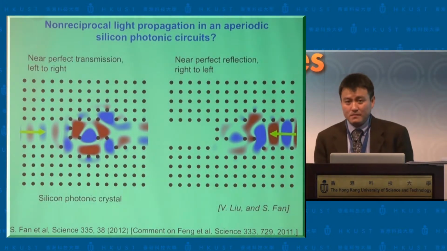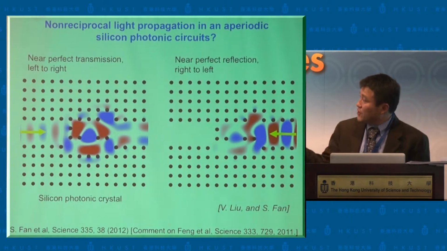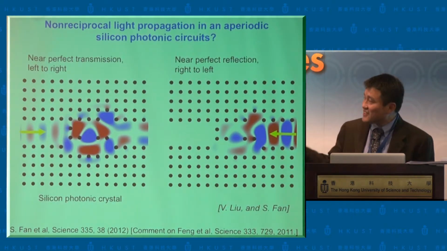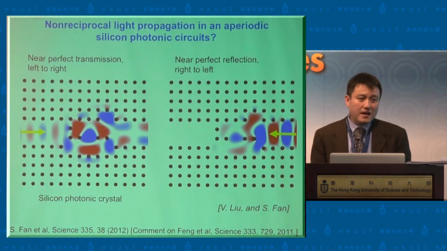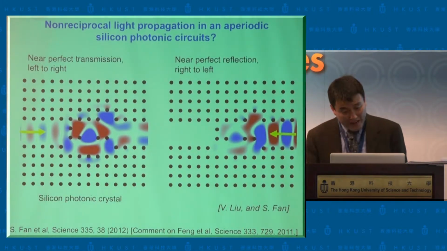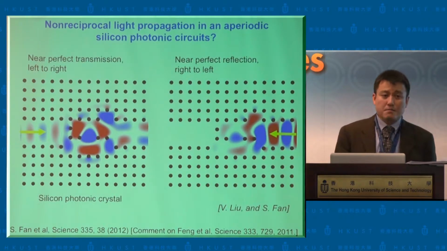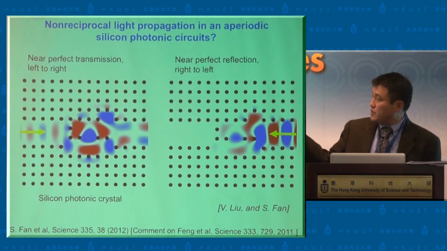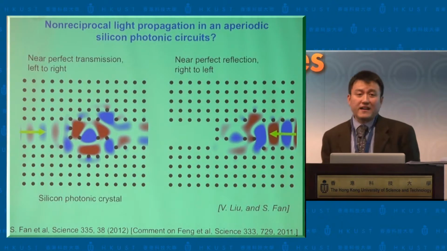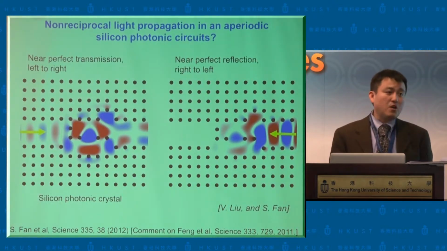Before you get very excited about seeing this as an isolator, it's very important to point out that this apparent contrast in intensity transmission from left to right versus from right to left has, in fact, nothing to do with optical isolation.